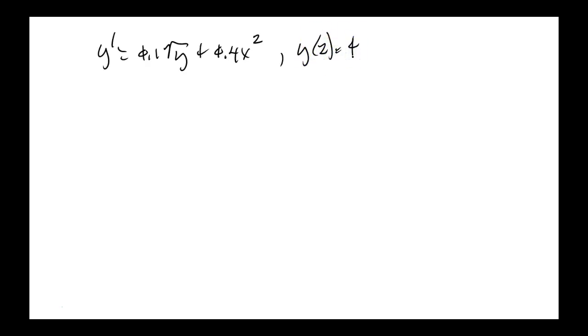Use Euler's method to obtain an approximation of y of 2.5, first using h equal to 0.1, and then h equal to 0.05.